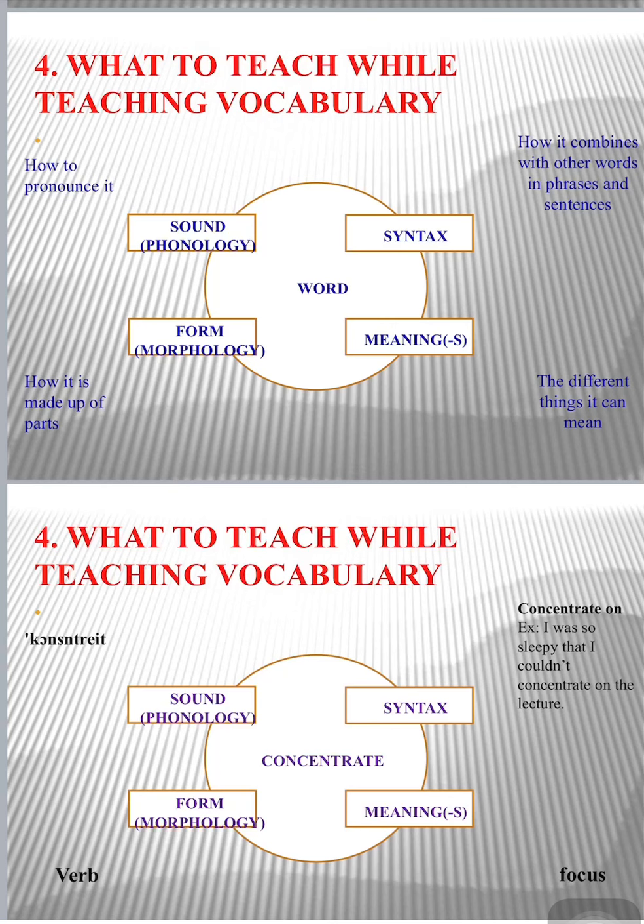So we need to know how to pronounce it, for sounds. We also need to know how it is made up, for parts. We can understand the nature of words. We also need to understand the meanings, because of the different things it can mean. And the last, we need to know the syntax, because we can understand how it combines with other words in phrases and sentences.